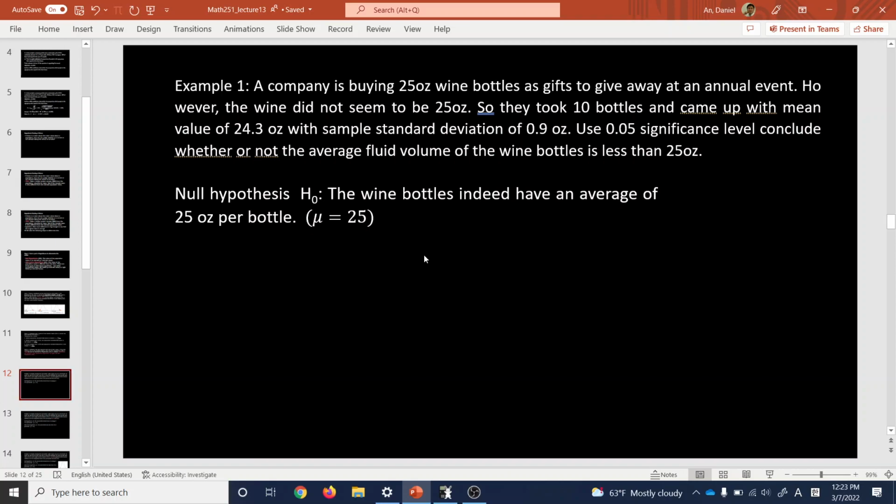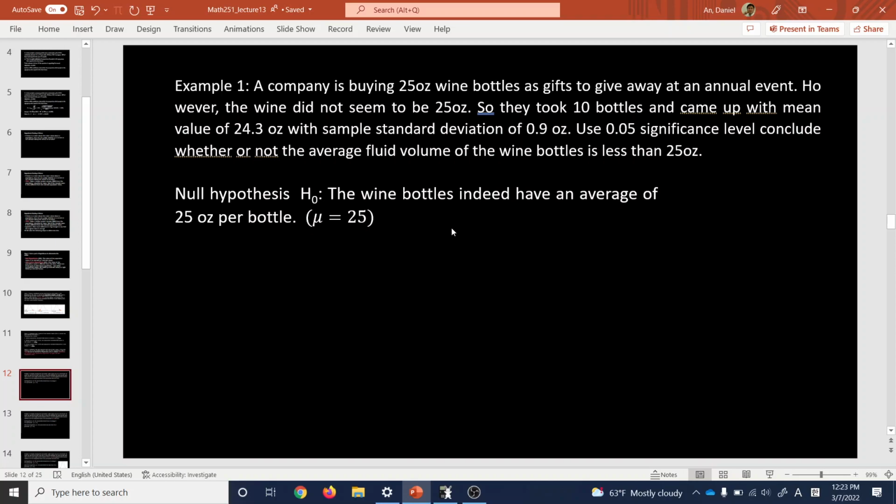What's the null hypothesis? Remember, the null hypothesis is always equal. So think about what's equal here. You want to test whether the wine bottles have the fluid of 25 ounce or not, so you put equal with 25 as your null hypothesis.